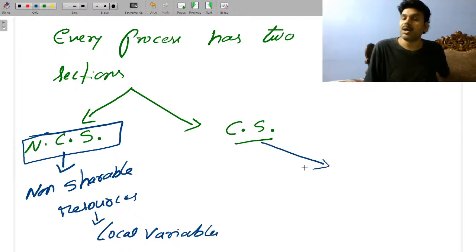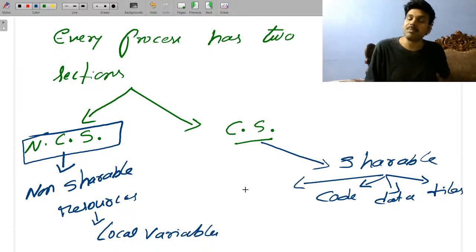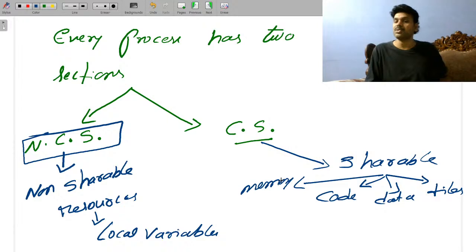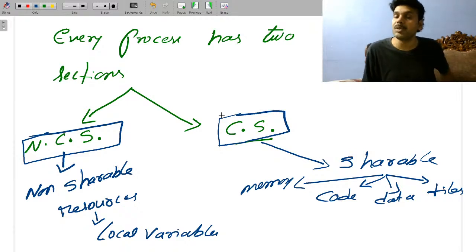The other is shareable. When you are talking about shareable, it may be a piece of code, it may be data, or it may be some file, or it may be a memory. Please see that anywhere you can fit it into shared resources. Whenever you say shared resources, that shared resource must be kept in a critical section because it needs to be protected.